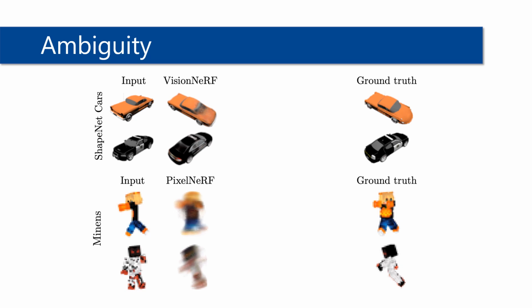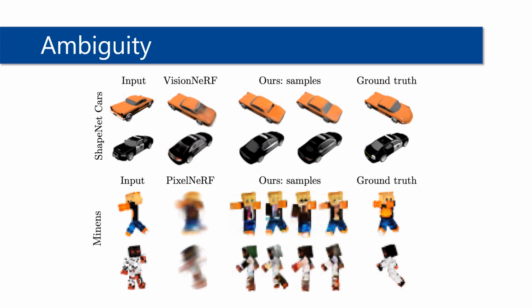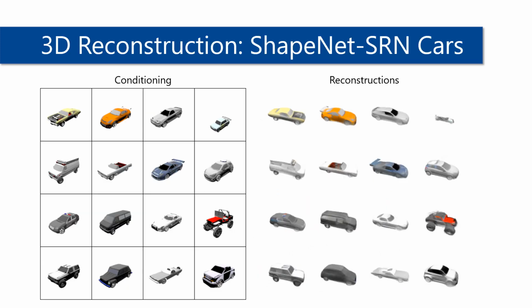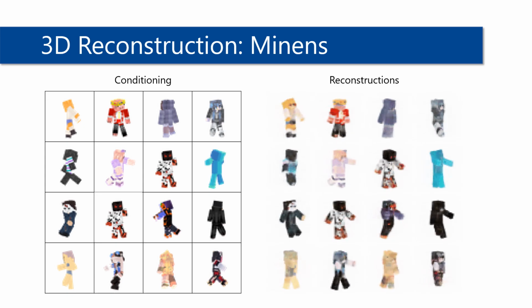Due to using a generative approach, our model can elegantly capture ambiguities in single-view 3D reconstruction. Where regressive methods blur between the possible solutions, our method can sample sharp reconstructions. Viewset diffusion outputs high-quality reconstructions of ShapeNet cars, CO3D hydrants, and Minens characters from a dataset we introduce in this work.